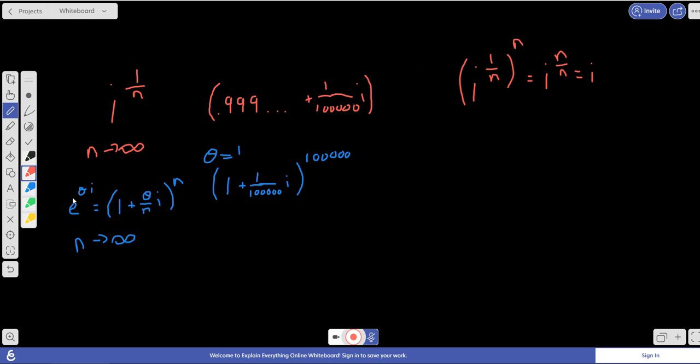And that's very similar to what we got with theta i here. If we say theta equals 1 here, and we increase the size of this n value to 100,000, this also gets very close to 1. And as n goes to infinity, it gets closer and closer. The same thing's going to happen with this. These things are approaching the same value. Granted, this is from outside of the unit circle, so it's slightly different.